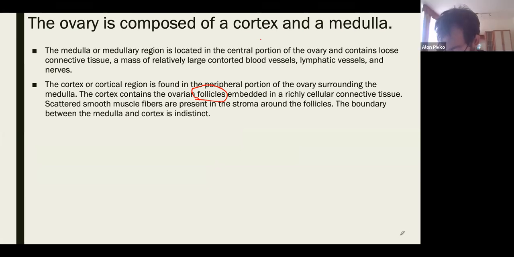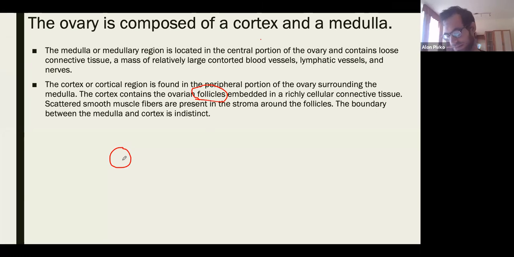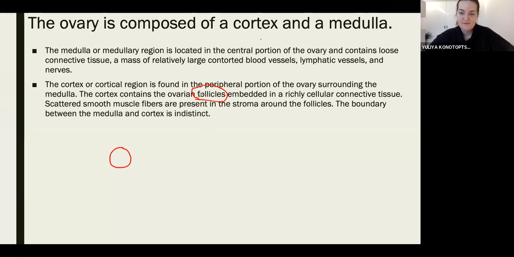It consists of the oocyte, surrounded by the corpus luteum. Well, not corpus luteum. Hold on. It's the oocyte, I agree. So in the center of the follicle, you have the oocyte, and then you have the layer which surrounds it. Why is it called a follicle?